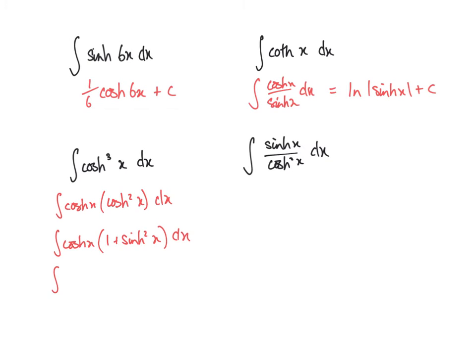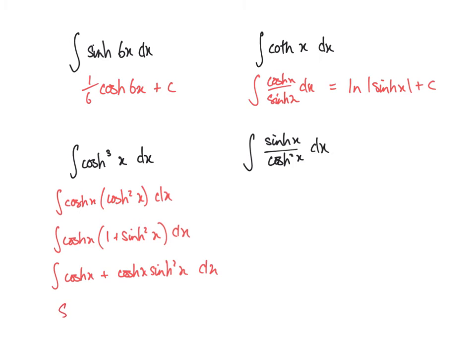And again, when we multiply that out, we get cos x minus cos x sine squared x dx. Now this first term, nice and easy. And when we integrate cos x, we get sine x. And when we integrate this second term, it's of the form sine cubed x, and it's going to be a third of that plus c.